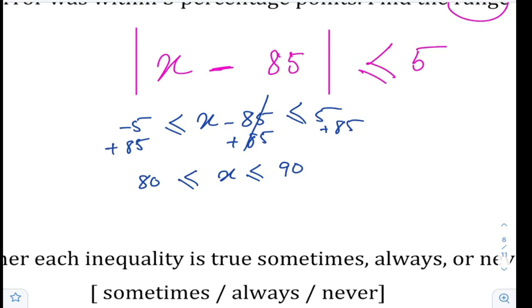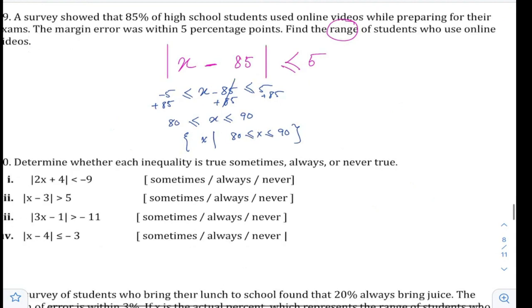Then the range of students who used online videos is between 80 and 90. So it is x such that x is between 80 and 90. We can say also the maximum is 90, the minimum is 80.